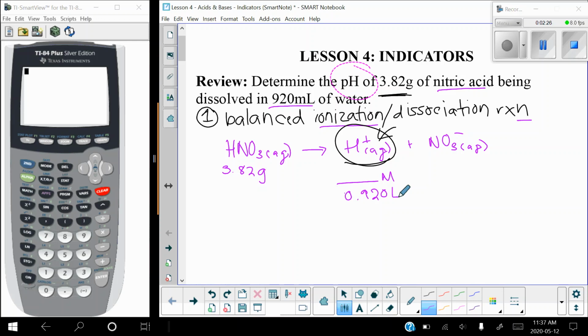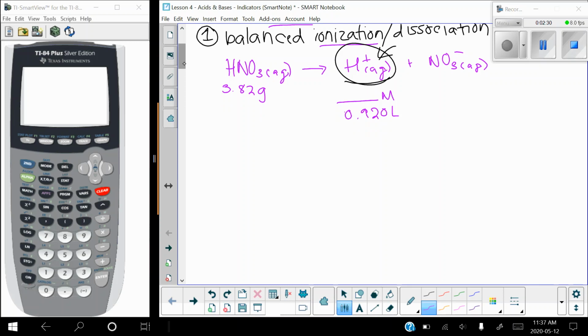Great. Since we are looking at grams here, we're going to have to convert this into moles. And the only converter that we can use for this is our molar mass. Our molar mass for this guy is 63.01 grams per mole.